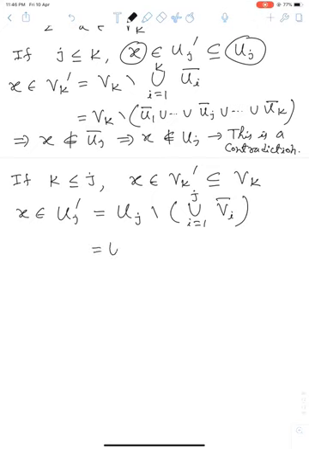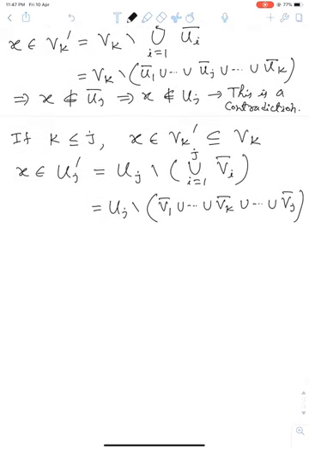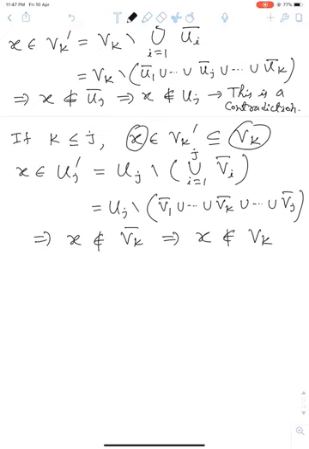Which is actually Uj minus V1 closure union up to Vk closure up to Vj closure, since j is bigger than k, right? Now that will imply x does not belong to Vk closure. That will imply x does not belong to Vk. But here we have already got that x belongs to Vk. So this is the contradiction.